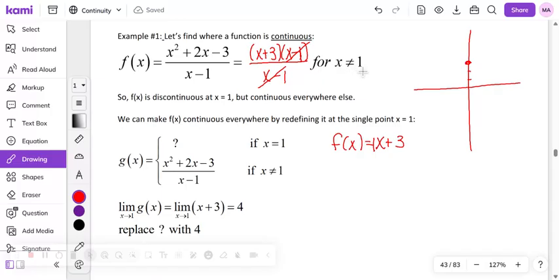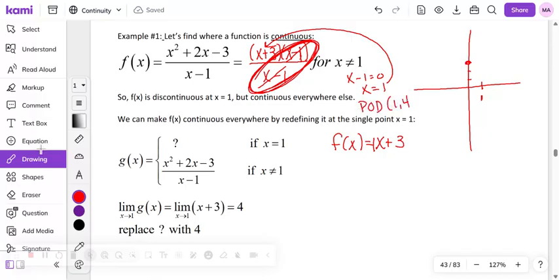Now, we already said there's not going to be a point at x equals 1, and in fact, you should know that this means there's a point of discontinuity. So let's figure out where is that point of discontinuity. Well, x minus 1 equals 0, x equals 1, and then if we drop the 1 into what's left, we have a point of discontinuity at (1, 4).